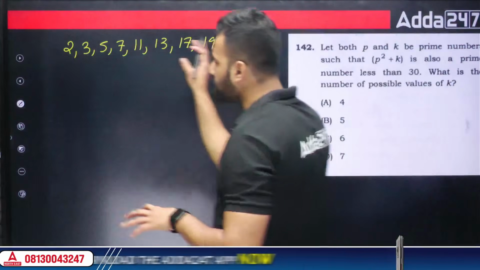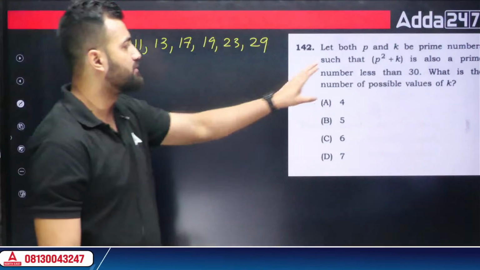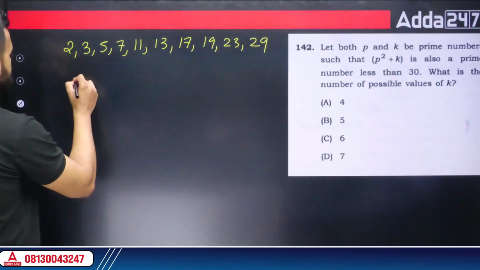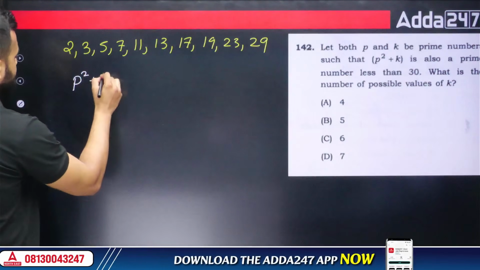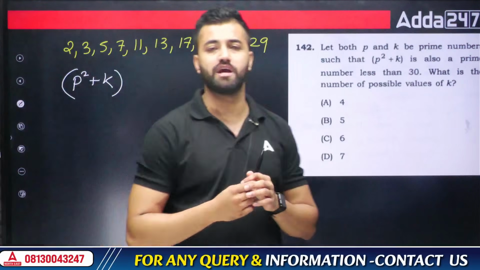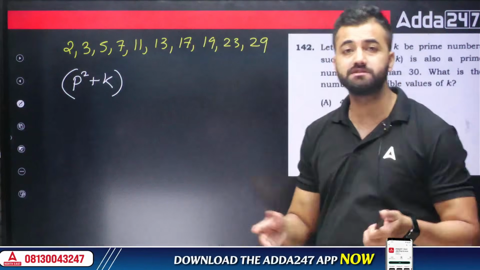Now these prime numbers are to be utilized in this particular equation, P square plus K. Now I need to take individual values of P and K so that I can check what numbers we can get.